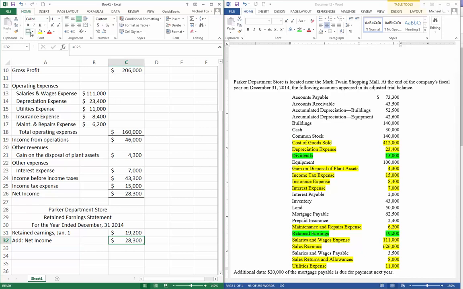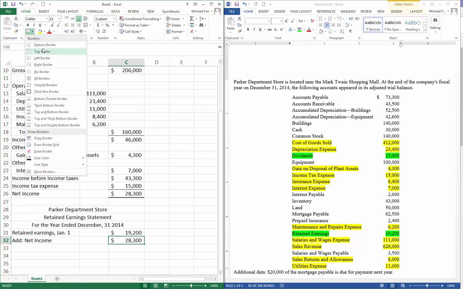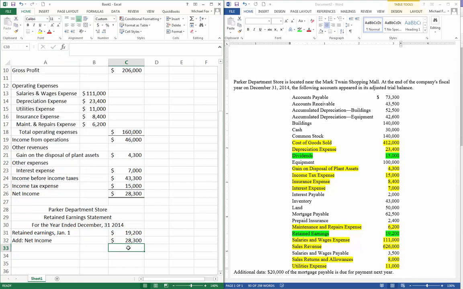The way this book likes to lay them out, it does a little subtotal. I've seen some that do and some that don't in real life. So the subtotal would be the retained earnings plus net income. And less the dividends were 15,000.